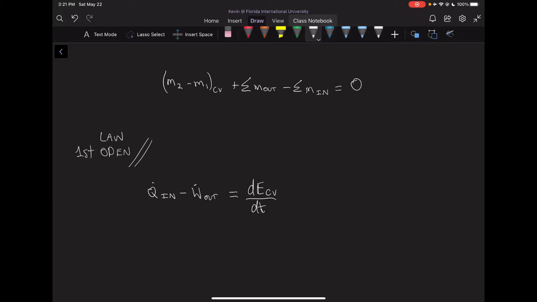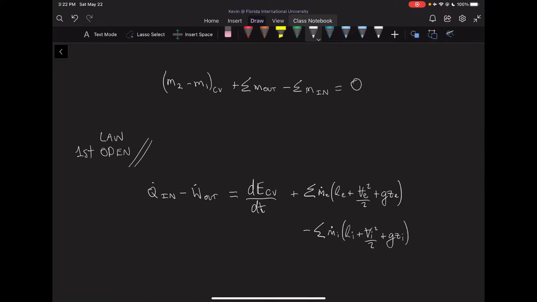Then we write the rest of the equation, our typical terms due to flow at the boundary: the sum of m dot exit times (h exit plus V exit squared over 2 plus g z exit) minus the sum of the mass flow rates in times (h in plus V in squared over 2 plus g z in).